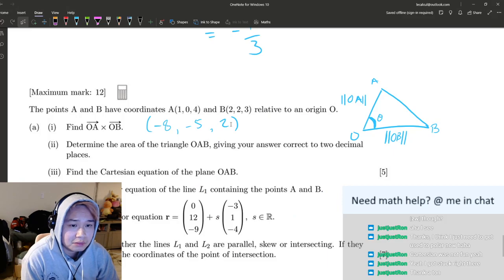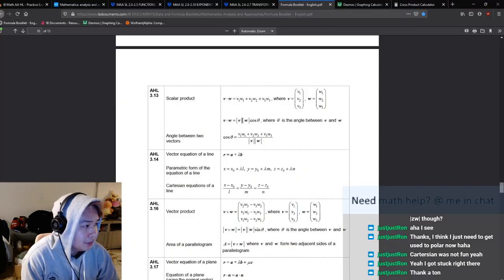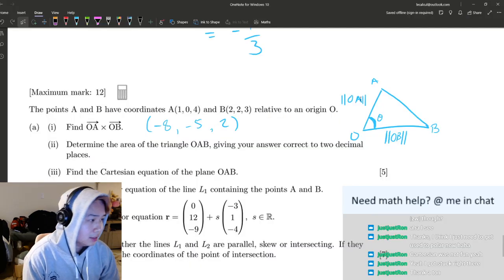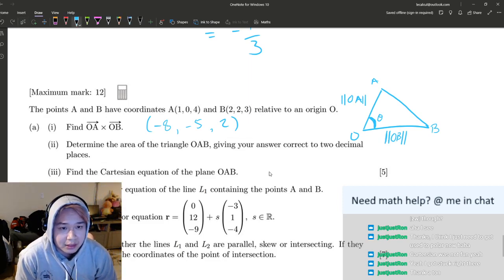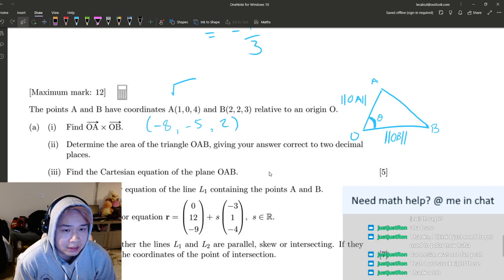I'm going to do this one. So to do that, I need to find the magnitude of OA and OB, which is great because I needed to find it anyways for other reasons. So what is this? This is root 17.